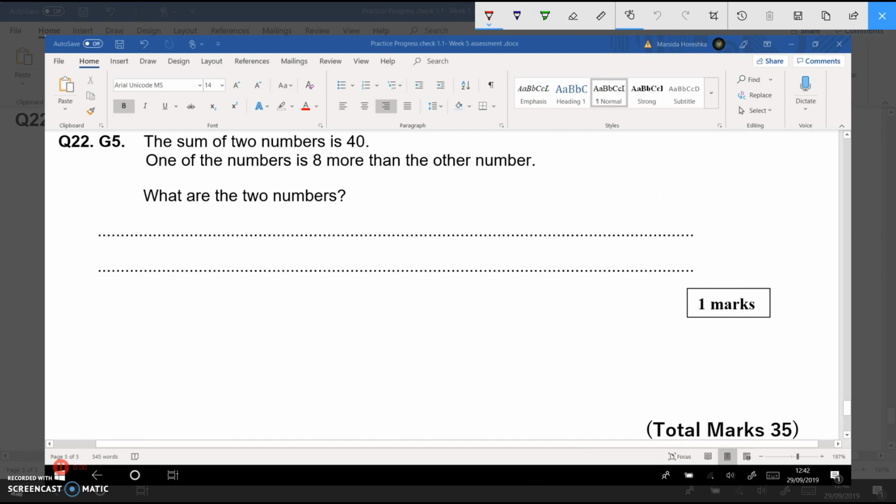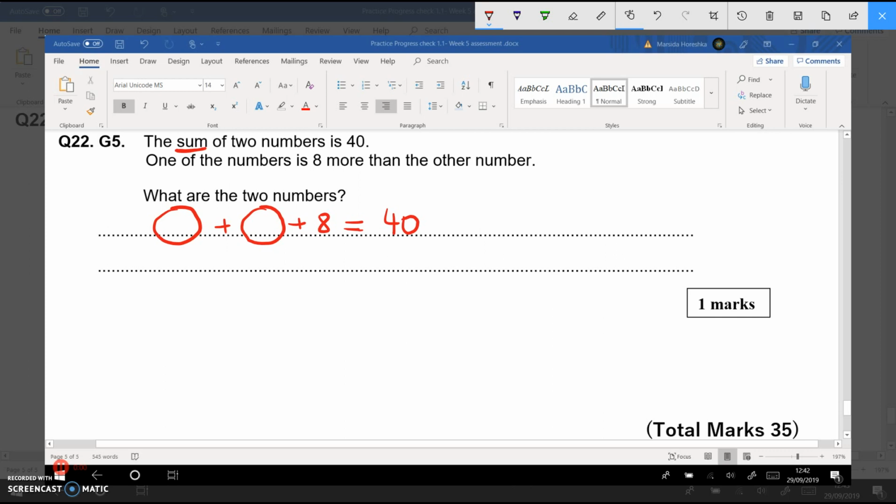Question number 22. The sum of two numbers is 40. One of the numbers is 8 more than the other number. What are the two numbers? So first of all, sum means adding them together. So there are two numbers that are being added and the total is 40 when you add them. So you can imagine a number which goes in there and add another one which is the same as this one but just add 8 more. So overall that is going to be equal to 40.